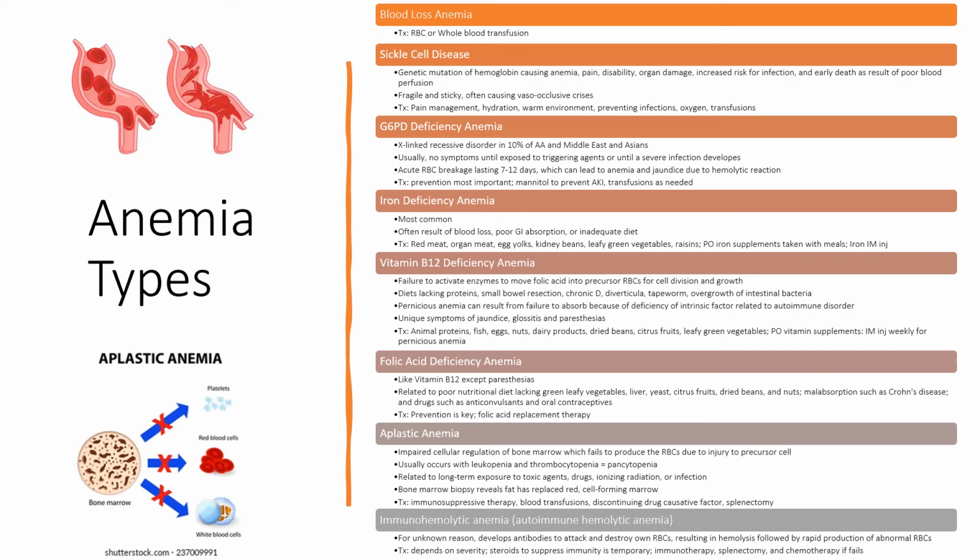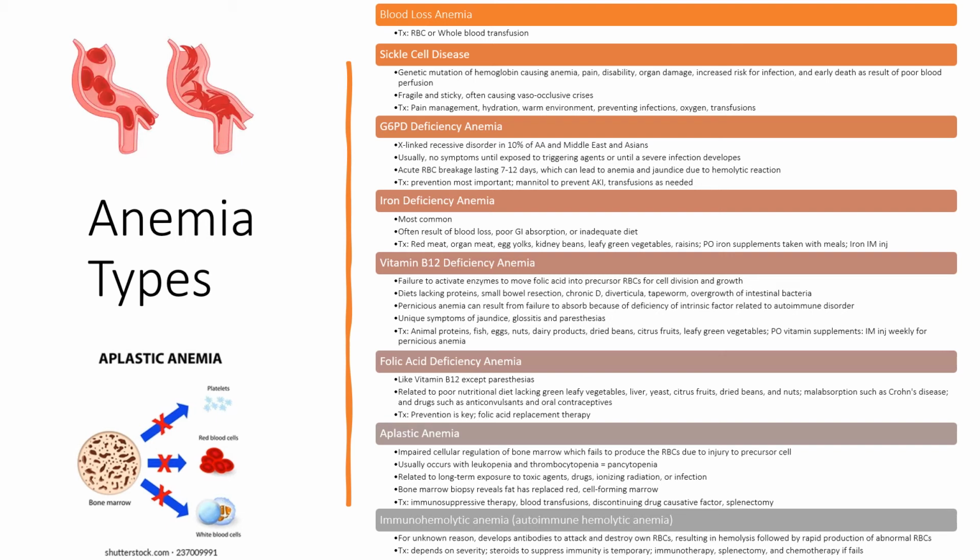So the precursor or stem cell that was supposed to mature and become platelets and red blood cells and white blood cells doesn't develop into any of those things. So they are not only deficient and have a low hemoglobin or red blood cell count, but their platelet count and their white blood cell count can also be low because they come from the same precursor cell.